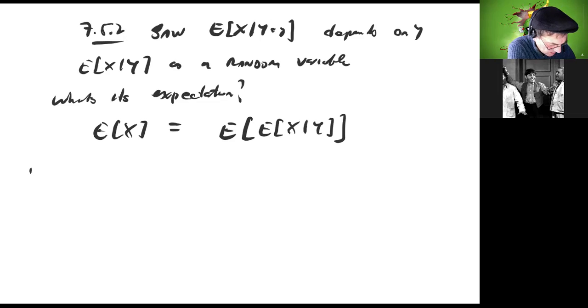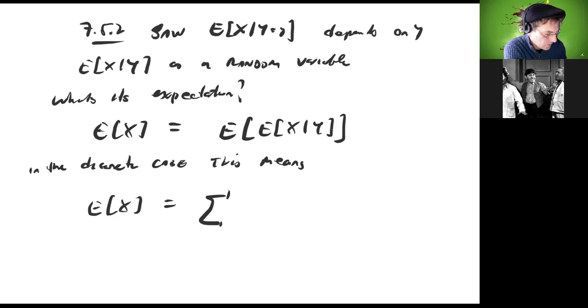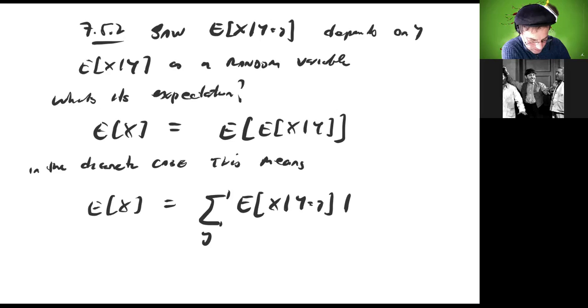In the discrete case, this means that the expected value of X can be broken up as a sum over y of the expected value of X given that Y equals y, times the probability that Y equals y.